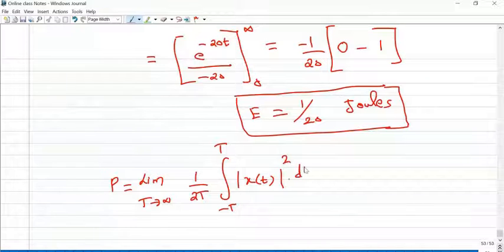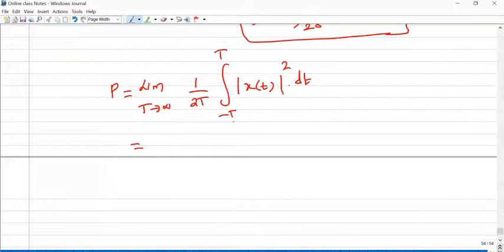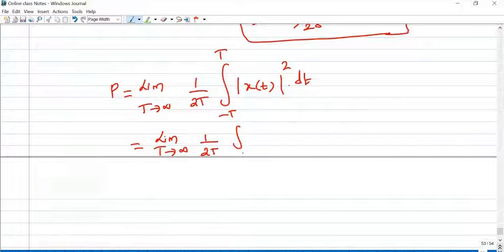This is the general formula. In this example, only 0 to t has information, and for negative t there is no value. So modify the expression: limit t tends to infinite, 1 divided by 2t, integration 0 to t.